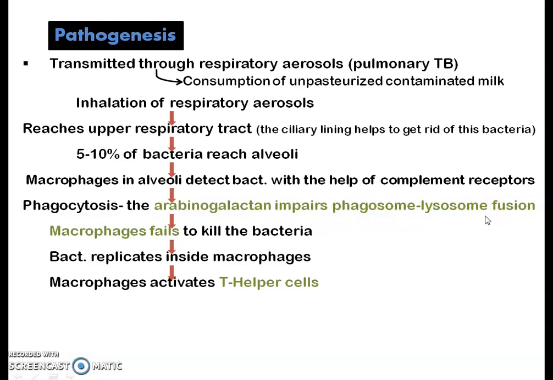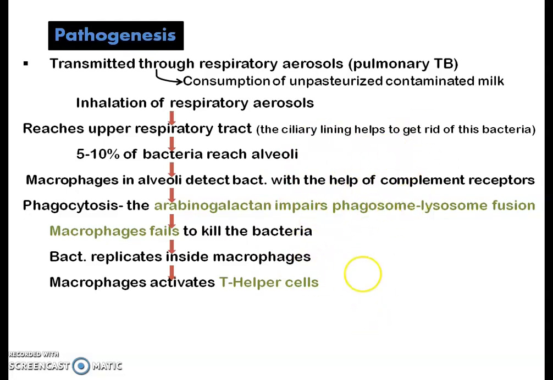That means, during phagocytosis, which is just like an amoeba engulfing its food, the macrophage eats the bacterial foreign particle and forms a phagosome.